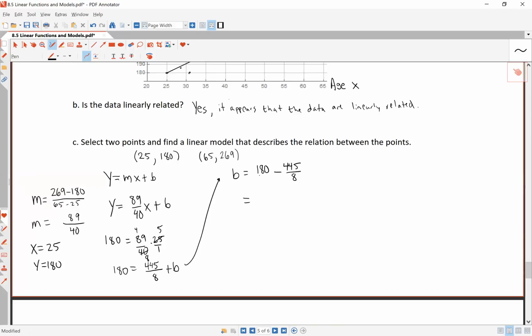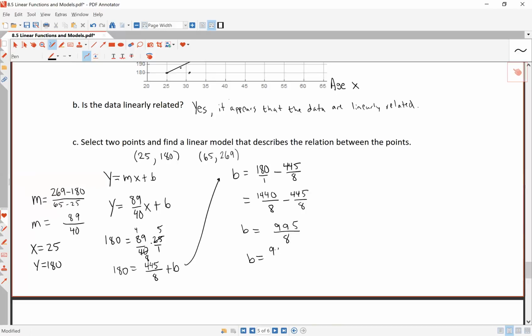Common denominator of 8. 8 times 180 is 1440, giving us 995 eighths.